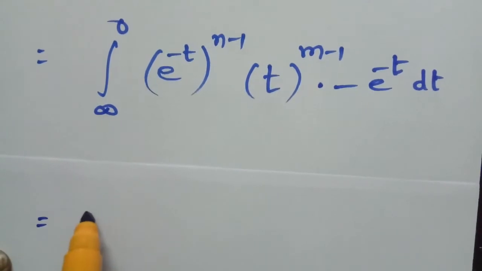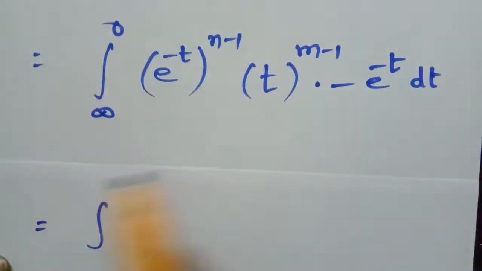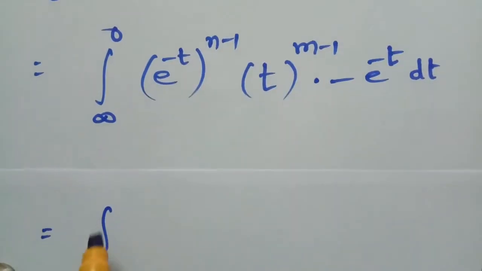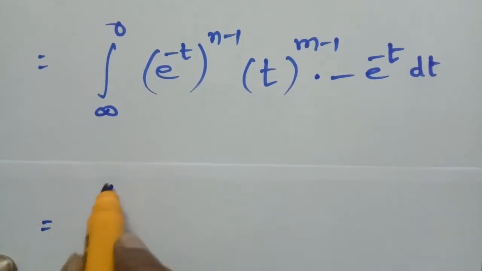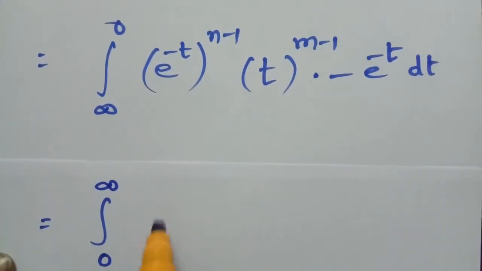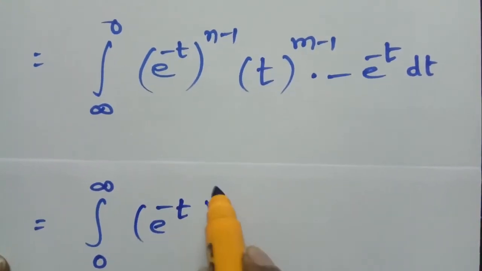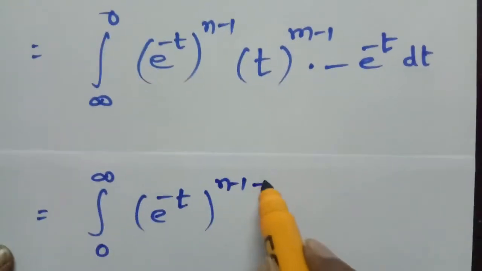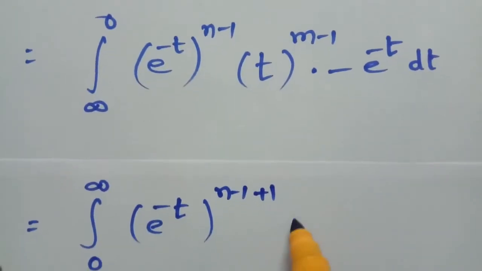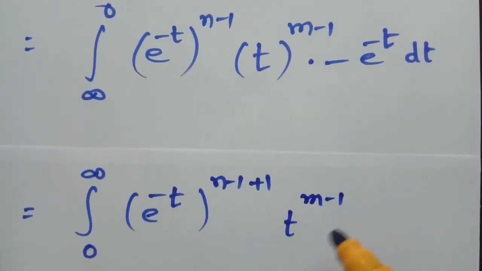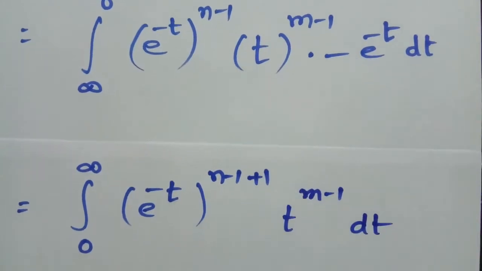This is equal to, whenever we multiply the integration by minus, the limits become interchanged, so 0 to infinity, (e to the power of minus t) whole to the power of n minus 1. The bases are equal, so we add the powers, into t to the power of m minus 1 dt.